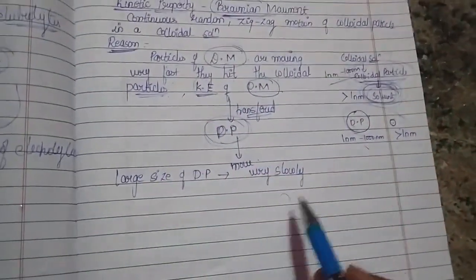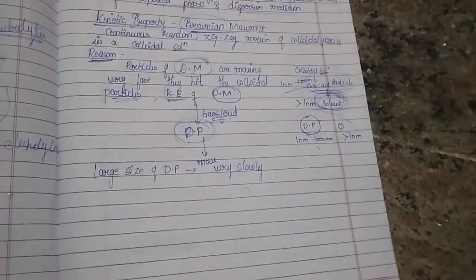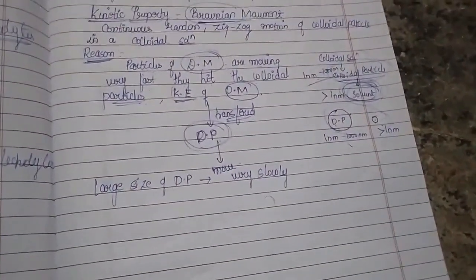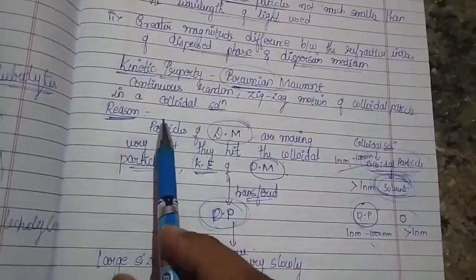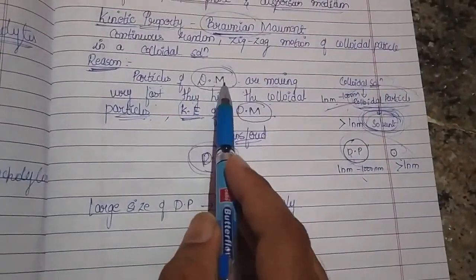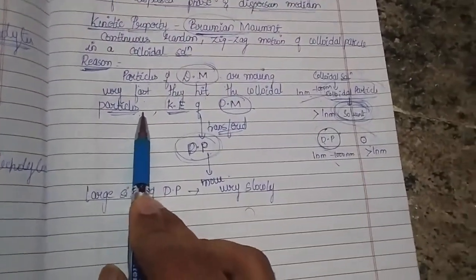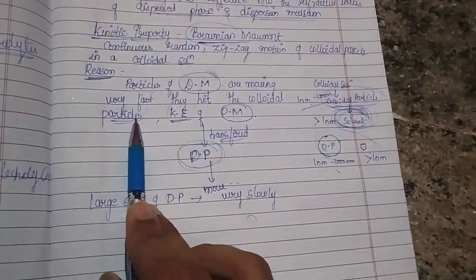So this is the reason he gives why your colloidal particles are moving. Why they are traveling at a very high speed. ಯಾಕೆ ಅಂದ್ರೆ basically whenever particles of a dispersed medium are moving very fast, they are going to hit your colloidal particles. Yes. So when they hit, what happens?